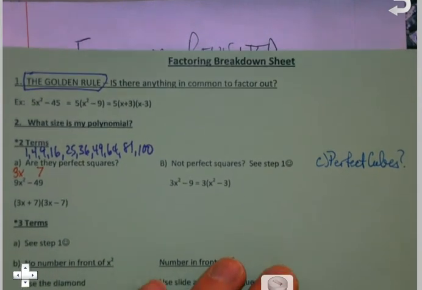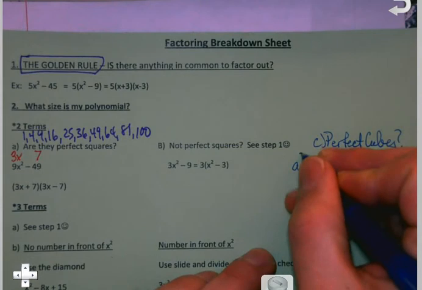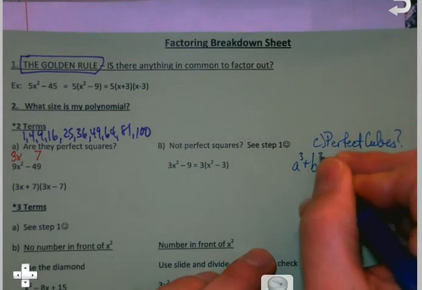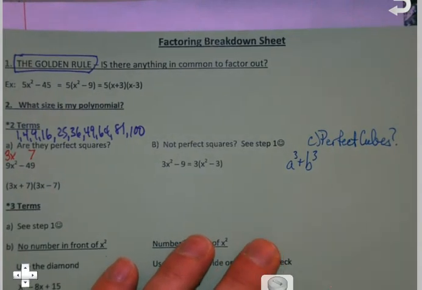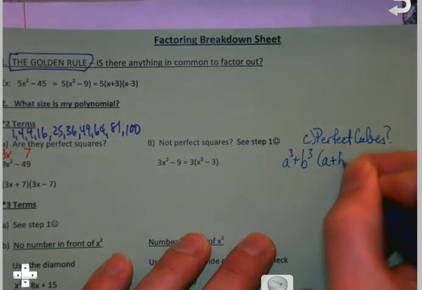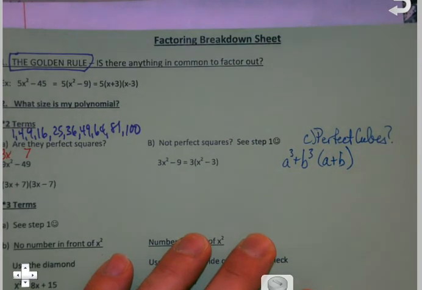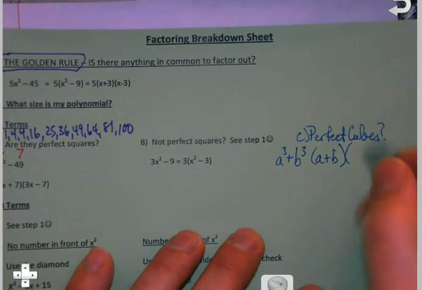Well, if I have something cubed, we'll get to a numeric one here in a little bit. But if I have 2 numbers that are cubed with a plus in the middle, because I can have either, there was a pattern to this. And that pattern was, I'd add the individual pieces first, so A plus B. And then there was a big set of parentheses on the second part.